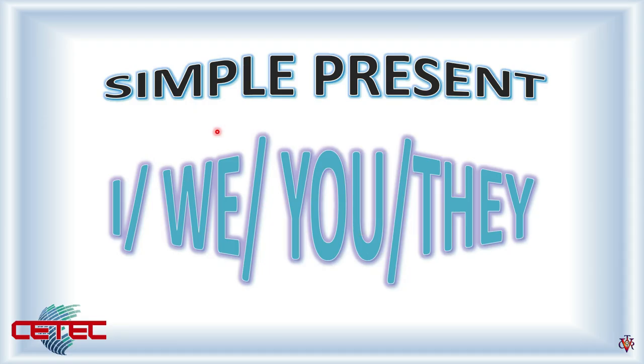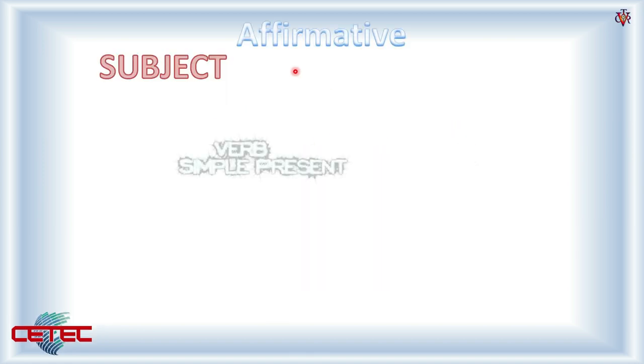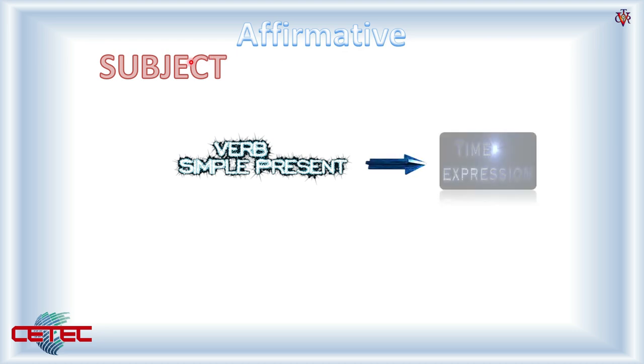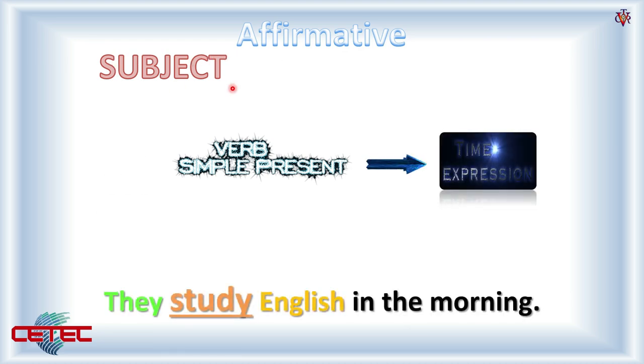Now we have to check simple present using the subjects I, we, you, and they. Here, in affirmative, we have to use our subjects I, we, you, and they. The verbs in simple present are the verbs in a regular form, plus a time expression.